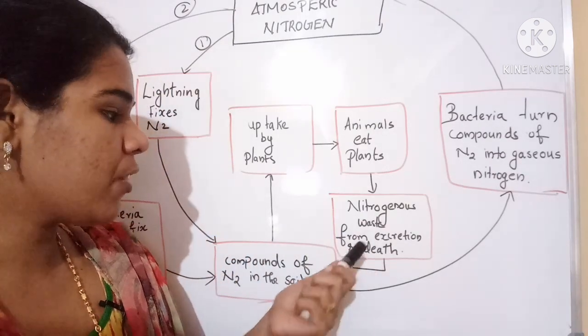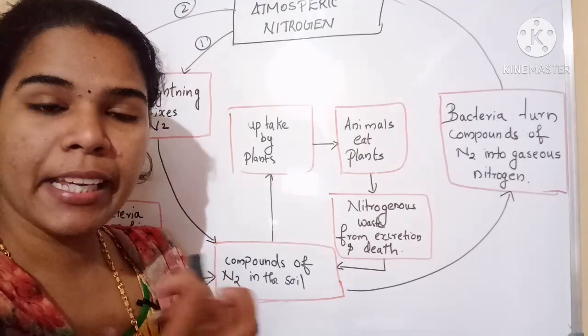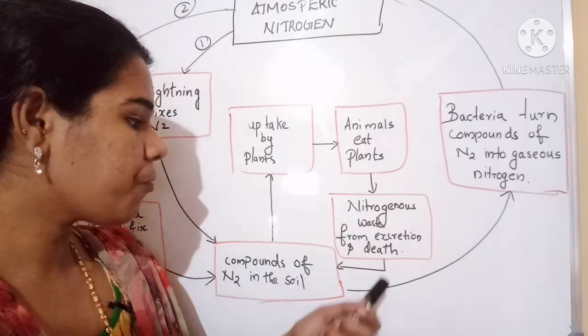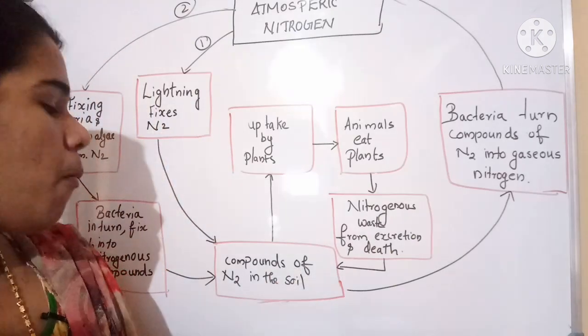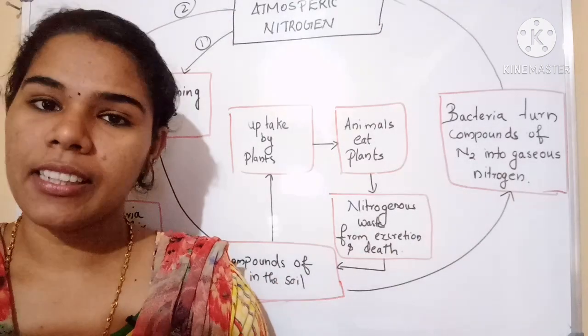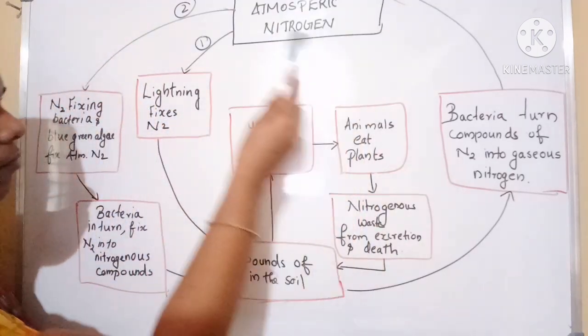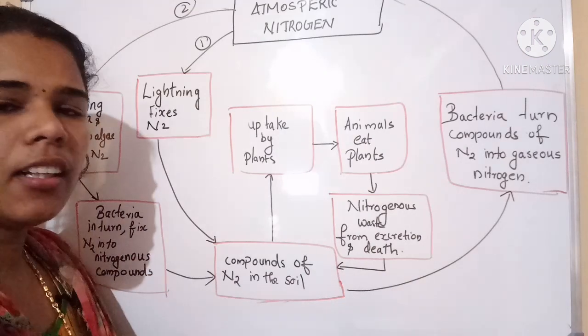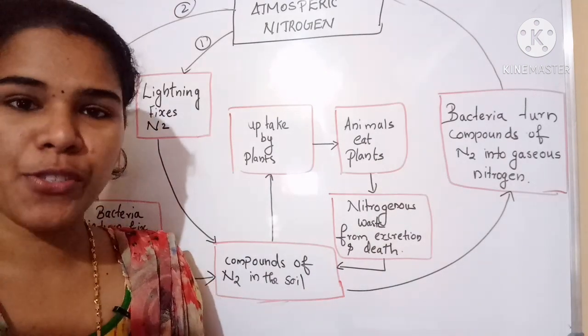Through their action, they break the dead and decaying matter into small pieces, and they help to release the compounds of nitrogen in the soil. This is the nitrogen cycle. It is very important for your future examination also.